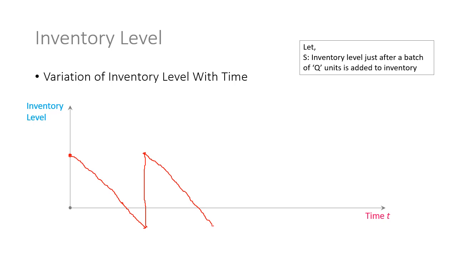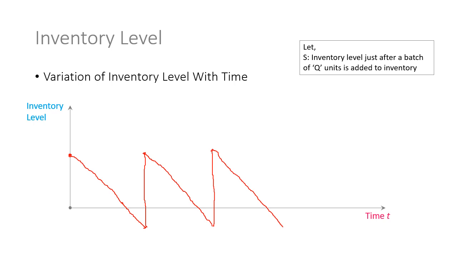Here again, the company places an order of Q units and receives it immediately, and now this is the inventory level. At this point, again, the inventory level starts dropping at constant demand rate D, and the cycle repeats itself.